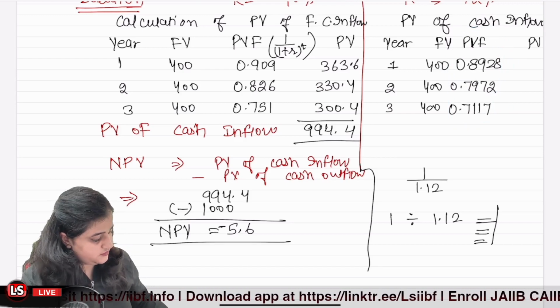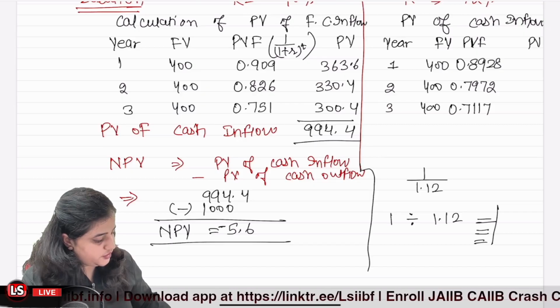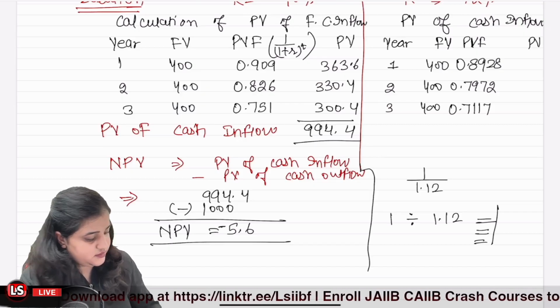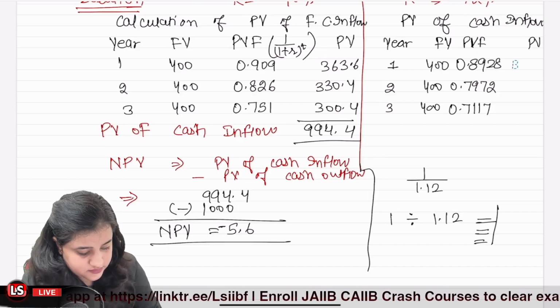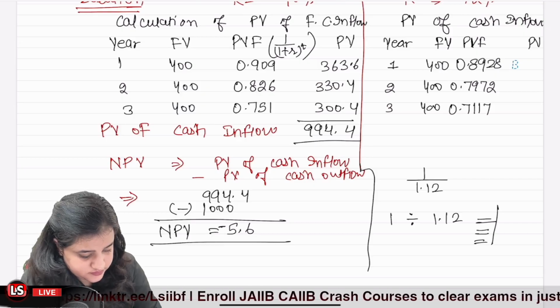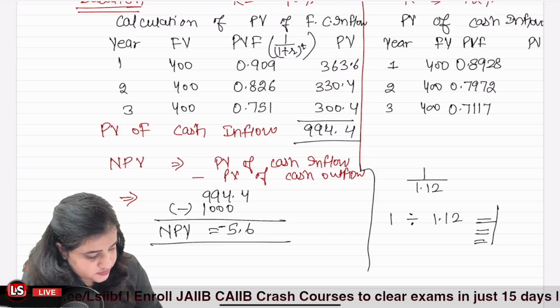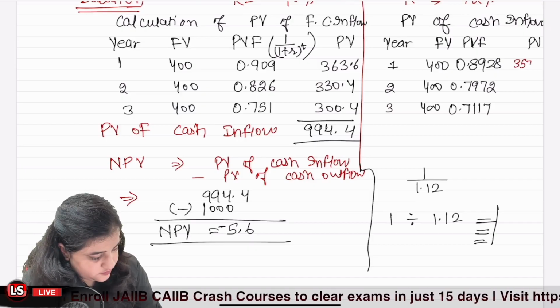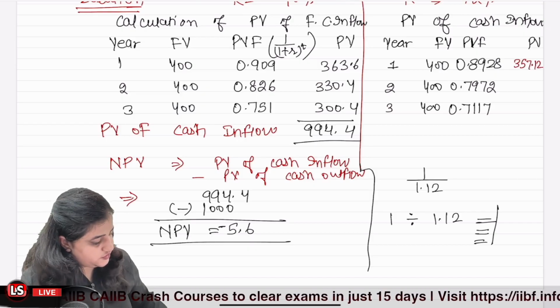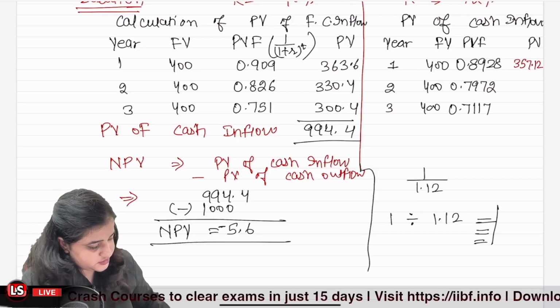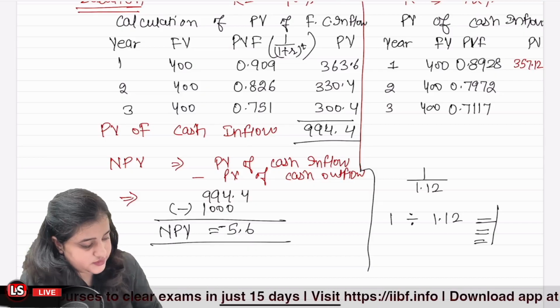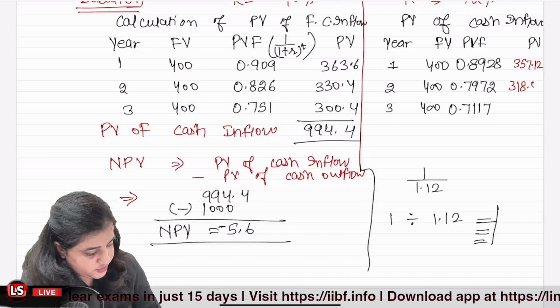For year 1, it will be 400 into 0.8928. That is 357.12. For year 2, it is 400 into 0.7972. That is 318.88.